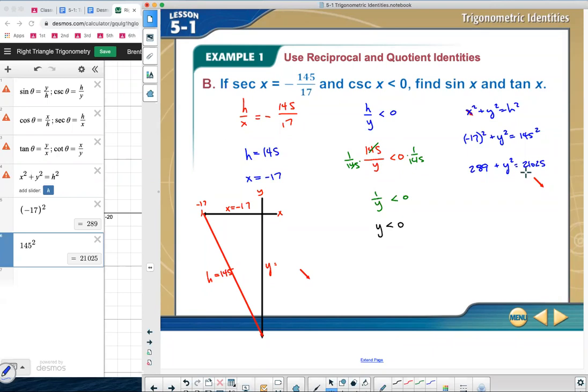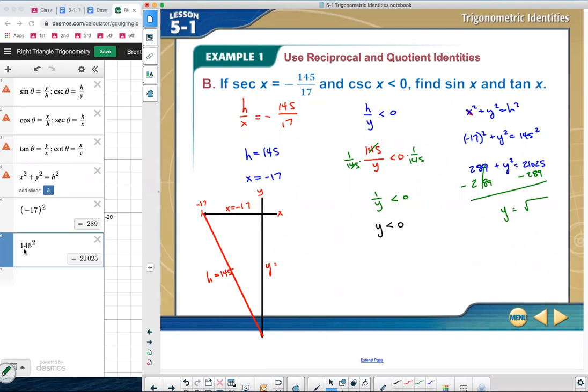All right, 21,025. And so to solve this, we'll subtract the 289. Why does it keep doing this? Sorry about this. Let's take off these arrows and try this again. We'll subtract 289, and then we'll take the square root.